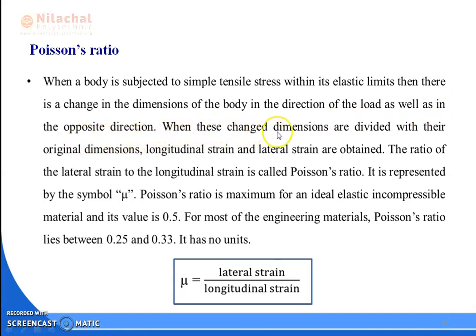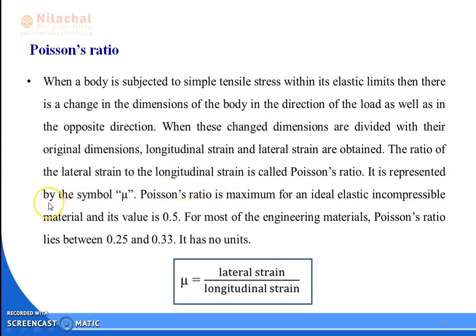When these changed dimensions are divided by their original dimensions, longitudinal strain and lateral strain are obtained. The ratio of the lateral strain to the longitudinal strain is called Poisson's ratio.